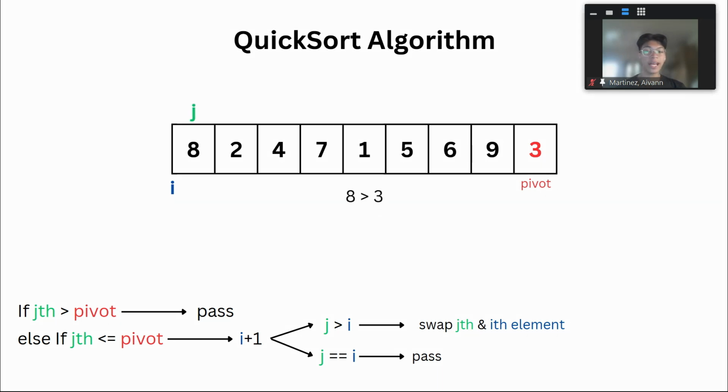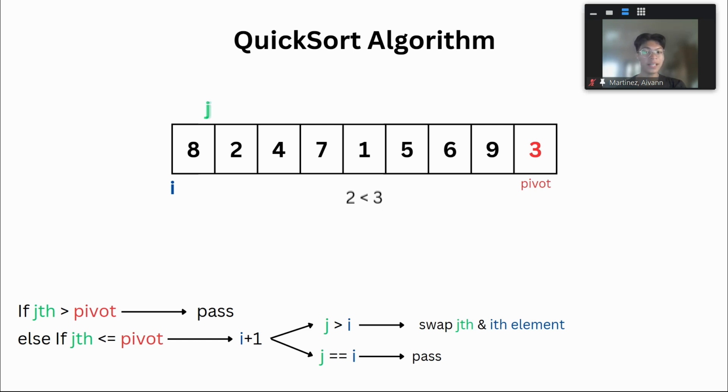So for our next step, we have to iterate j. j now indicates index 0 in our unsorted array, or the jth element is now equal to 8. So for our first if statement, we have to ask, is our jth element, which is 8, greater than our pivot element, which is 3? Which is true. So based on our decision-making step, we just have to pass, or we just have to iterate j.